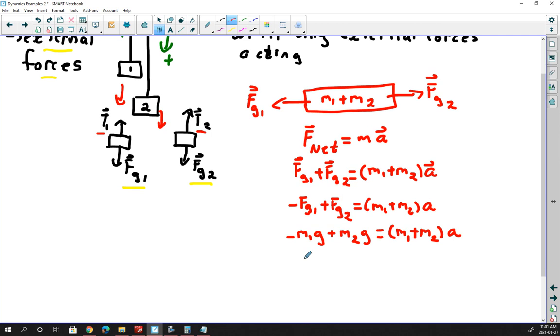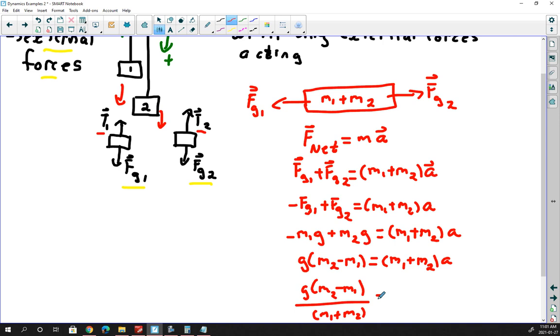Now I'm going to factor out a g, and I get g times m2 minus m1 is equal to m1 plus m2 times the acceleration. Now I'm going to divide both sides by this m1 plus m2. And we get g times m2 minus m1 all over m1 plus m2, and that is equal to the acceleration.